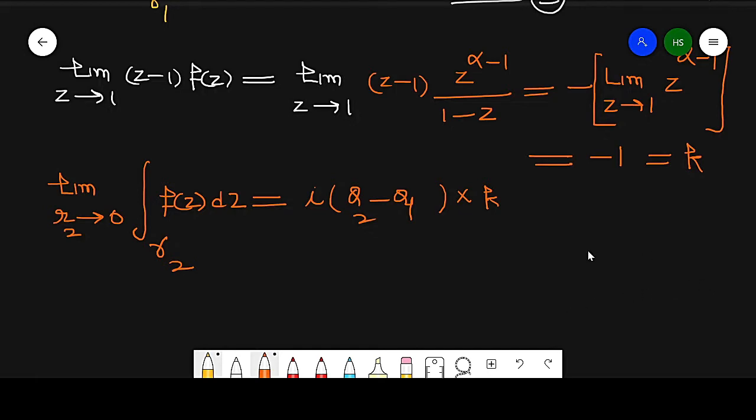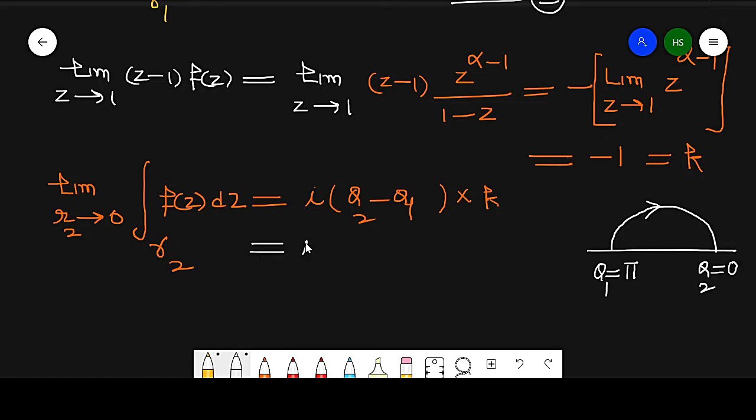Again this is a semicircle of this kind in the anti-clockwise direction. If it is anti-clockwise, theta 1 is pi and theta 2 is 0. Now substitute: iota times theta 2, which is 0, minus theta 1, pi, times k, which is minus 1.